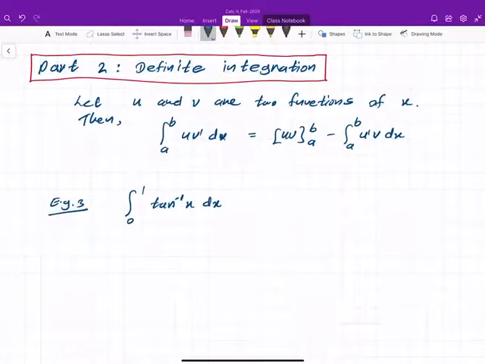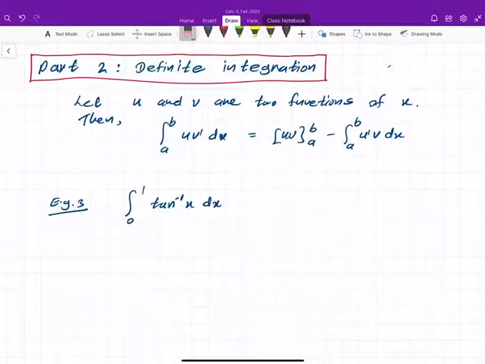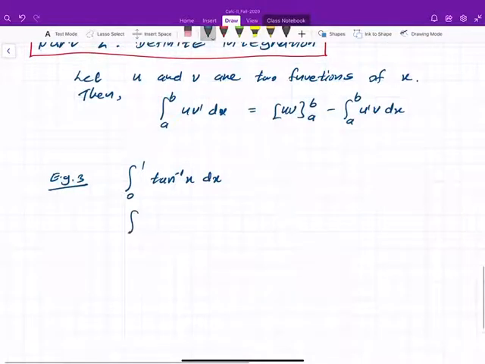All right. Here also you have to find u and v. Of course, you see only one function. Now you have to make two functions in the integrand. For that, I can introduce one like I did before. I rewrite this as integration from 0 to 1 tan inverse x times 1 dx.